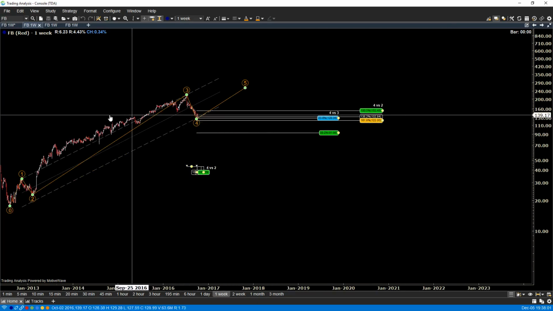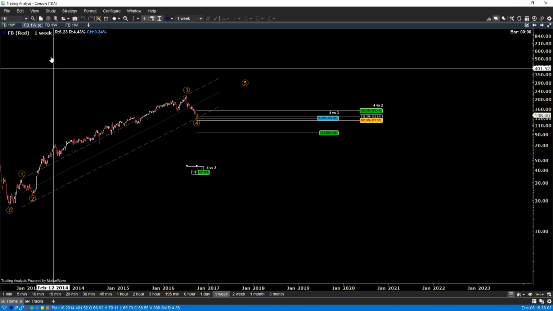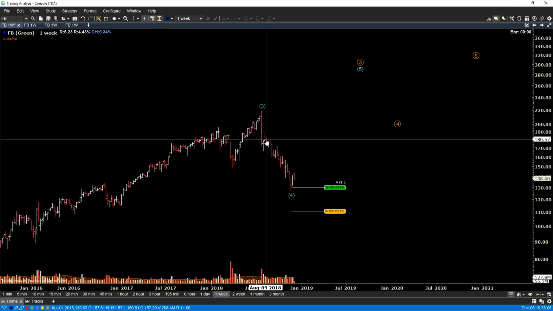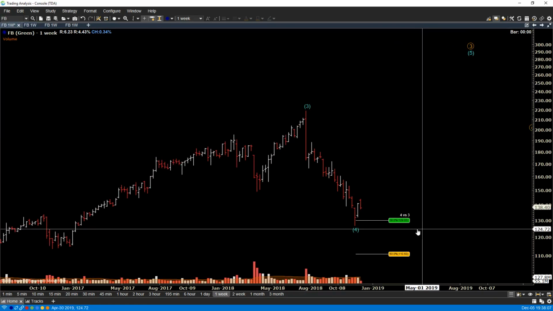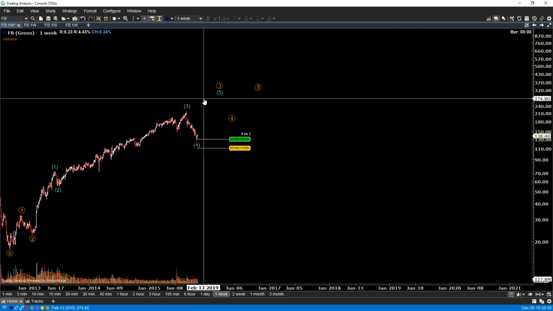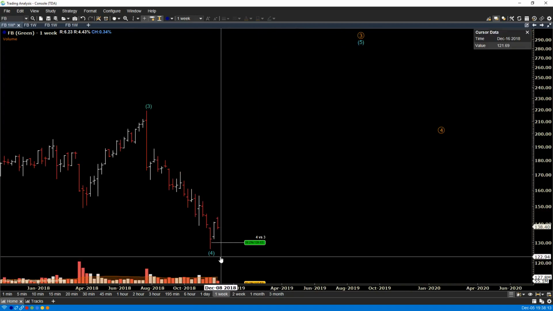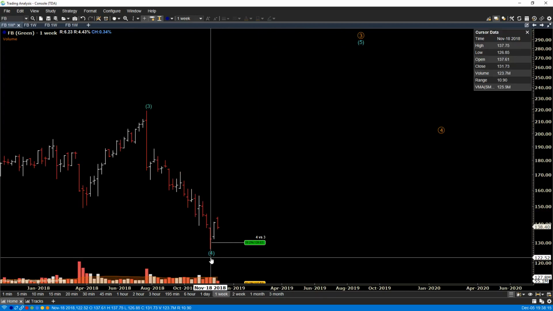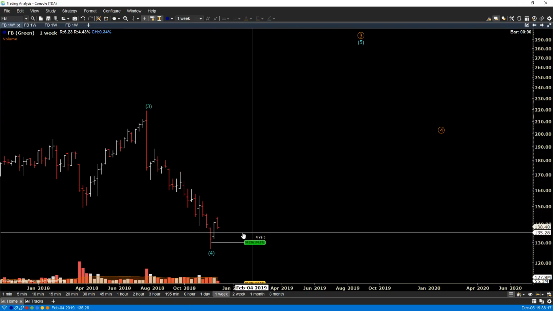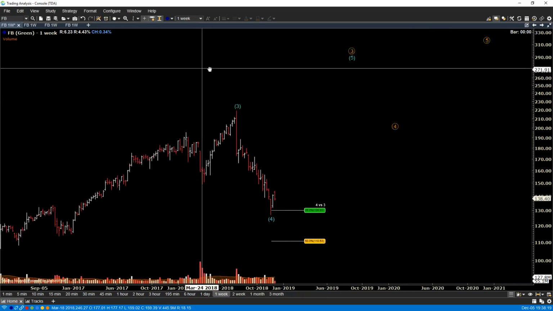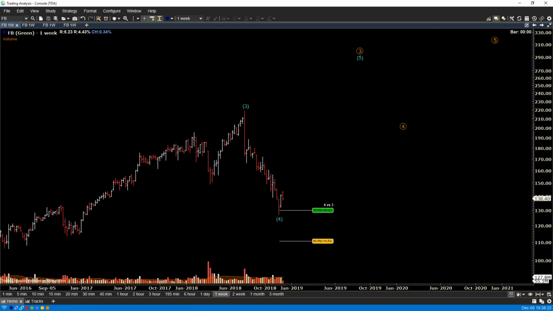Okay, you can see this fourth wave squares up to this wave 2 here. These fib ratios play out quite frequently. A 38.2% retracement of this wave 3 advance would have been 129.83, and we had a low of 126.85 before we started to move back higher. So that's a nice little example of a 38.2% retracement.